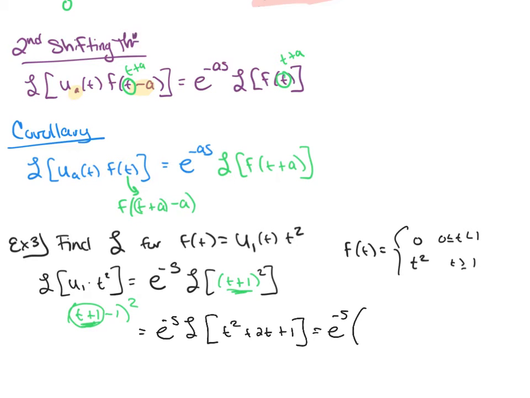So the Laplace of t squared is 2 over s cubed, the Laplace of 2 times t is 2 times 1 over s squared, and the Laplace of 1 is 1 over s.